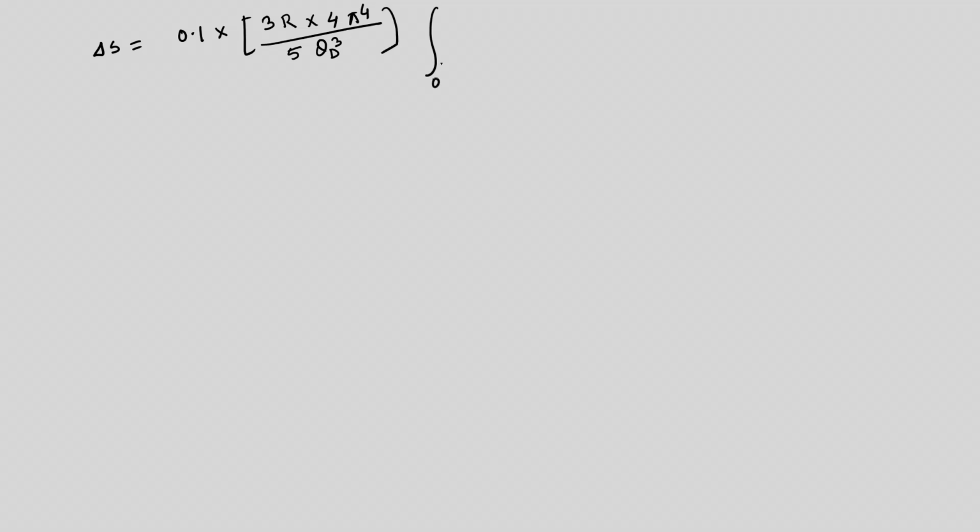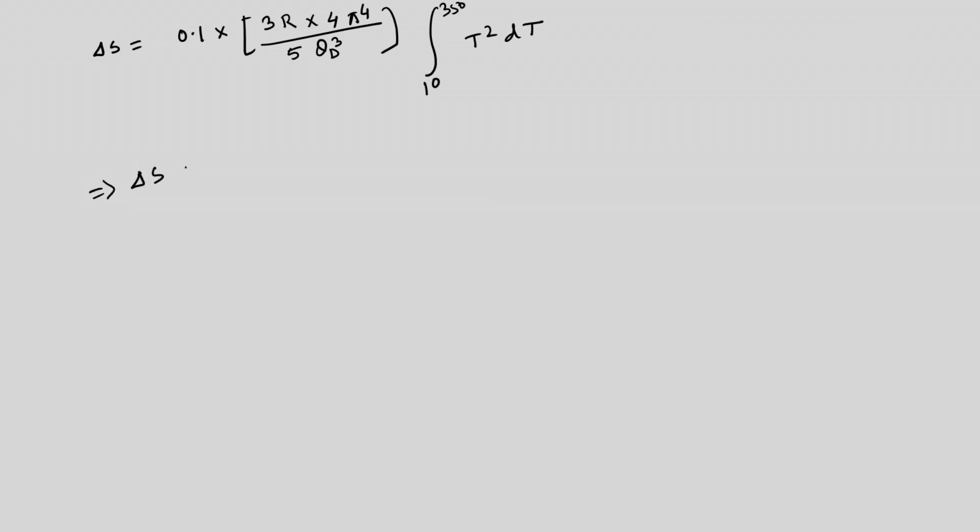So, we get delta S is 0.1 times 3R times 4 pi to the 4 by 5 theta d cubed, integral from 10 to 350 of T squared dT.